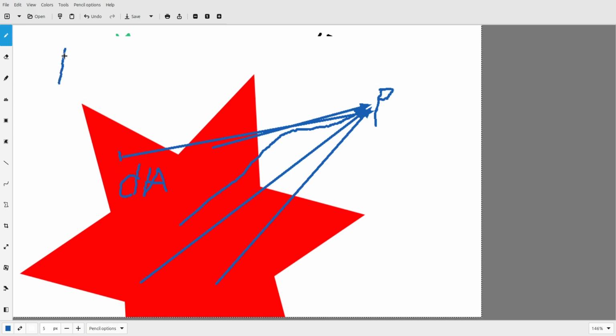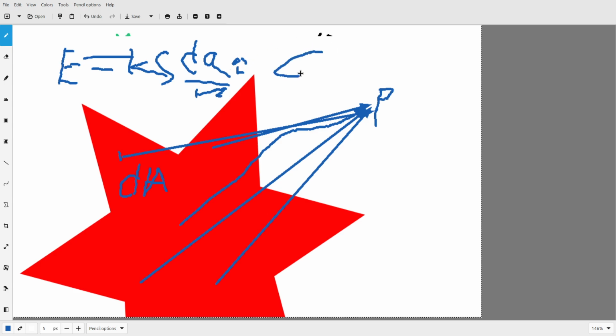The field is still the integration of k dq over r squared. We take the k out of the integral, it's a constant, r hat.